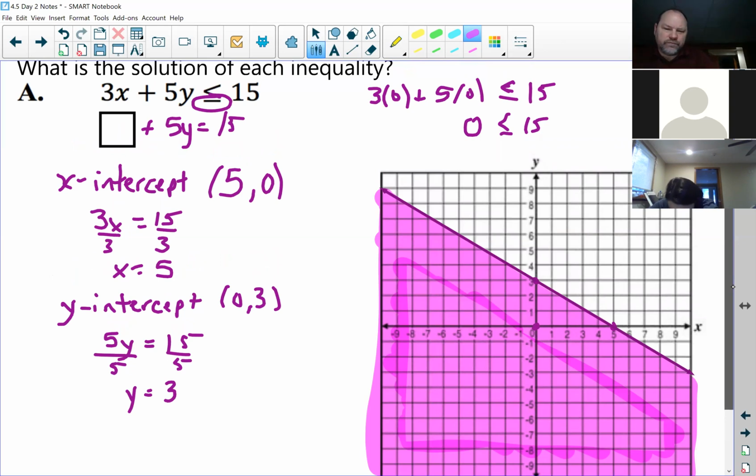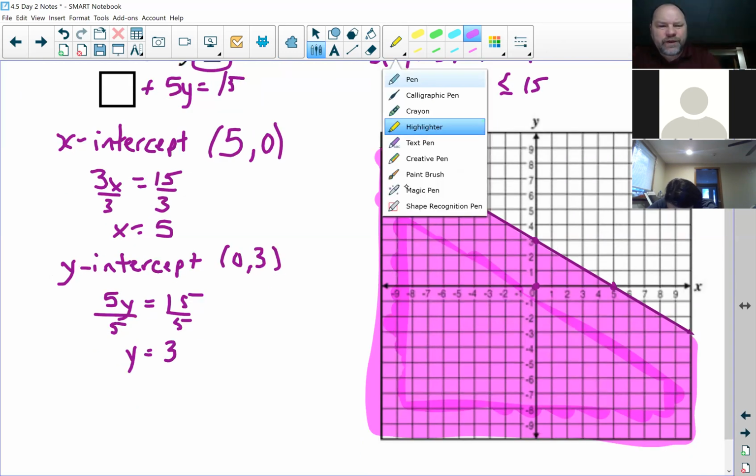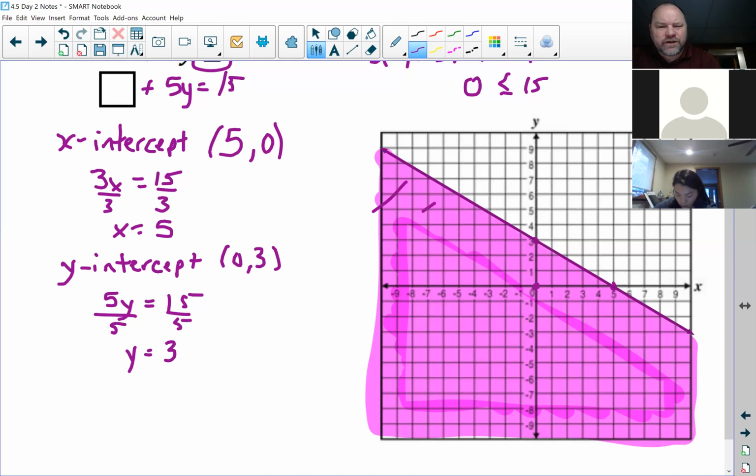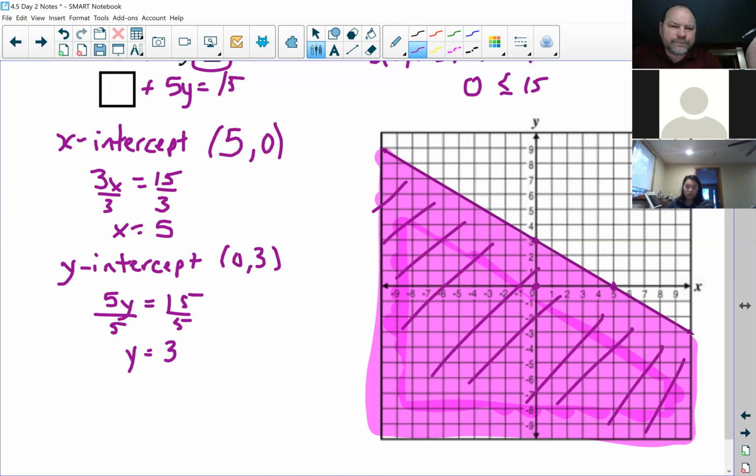Now, I shade the whole thing in. You could certainly just use a pen or a pencil and draw shading marks like that. It's up to you.